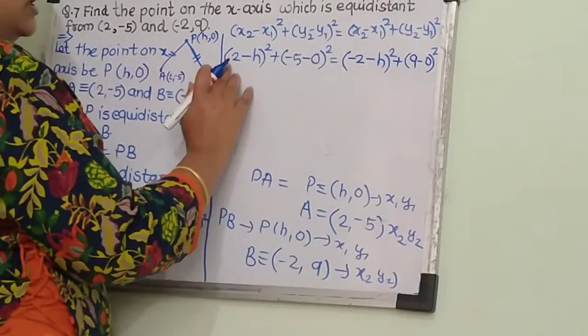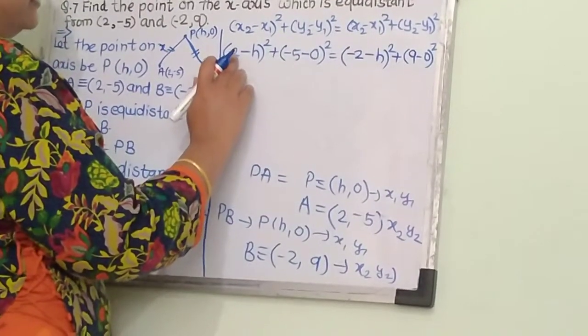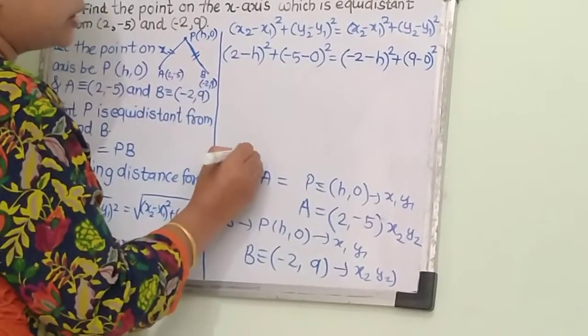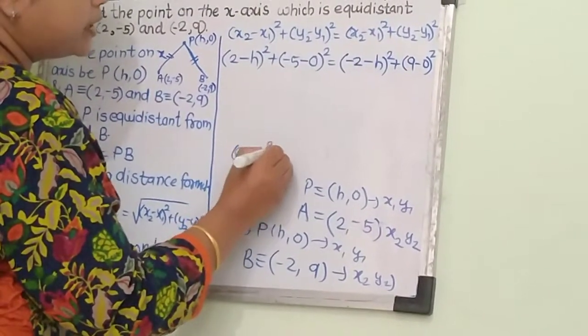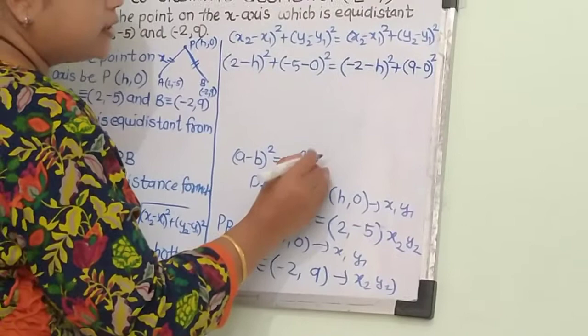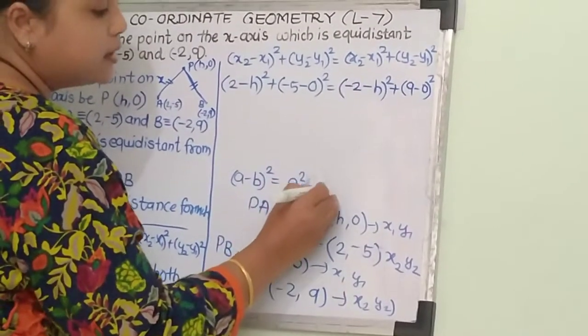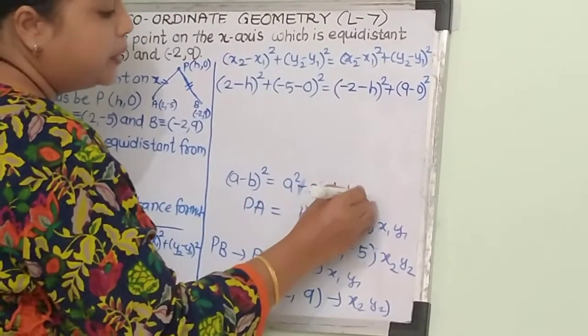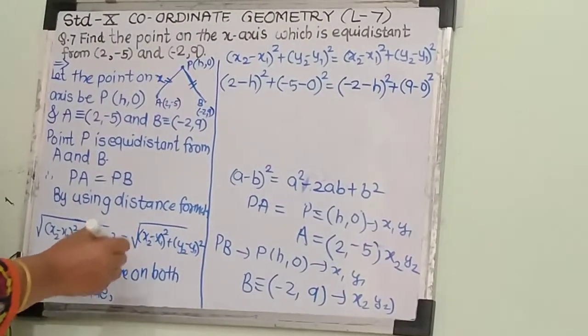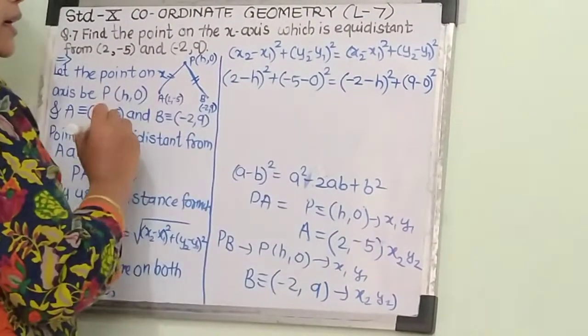For this solving, we know the identity: a minus b bracket square equals to a square minus 2ab plus b square. So I will open this bracket.